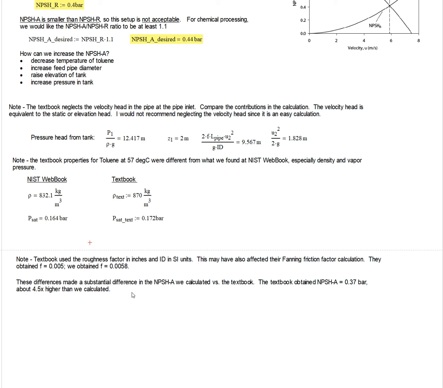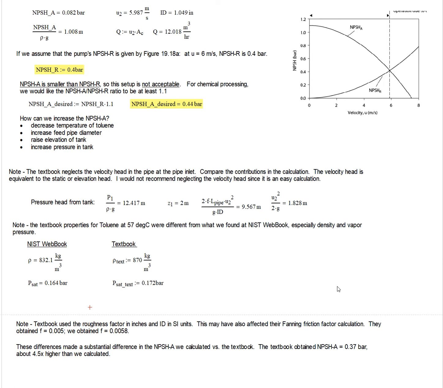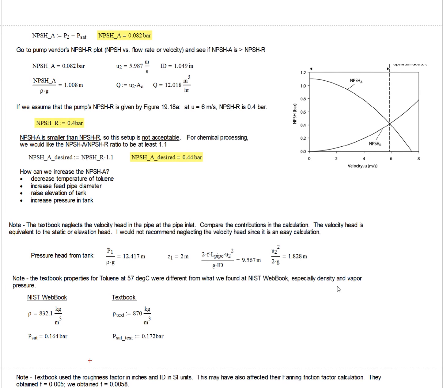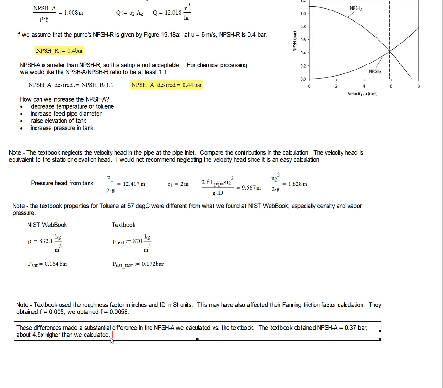And all of these differences actually made quite a significant impact on the values that were calculated. Notice that the textbook obtained a value of NPSH-A available of 0.37 bar. What was ours? Ours was 0.082 bar. So there was a big difference. And I think the textbook had some issues in solving this problem.